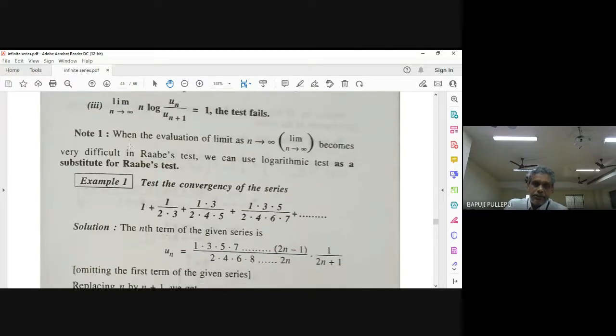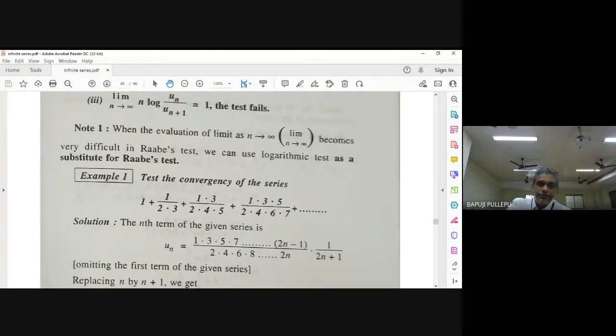Let me see. The nth term: the numerator, the odd terms are 2n minus 1, like 1, 3, and the even numbers are 2n. Not all are even terms; the last term is actually an odd term. 2 means here 3, 4 means 5. Second term: 2 terms are even, then the third term is odd.